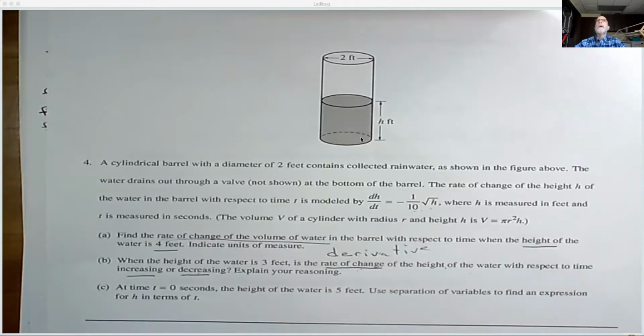Take the derivative and plug in a value, correct? Yeah. And if that derivative is positive, the amount of hair I have is increasing. If it's negative, the amount of hair I have on my head is decreasing, correct? You okay with that? Yeah. Okay.